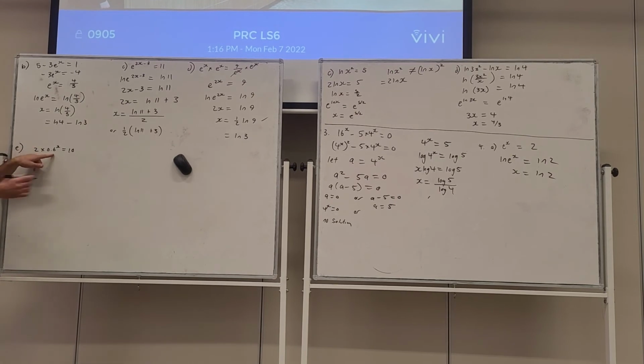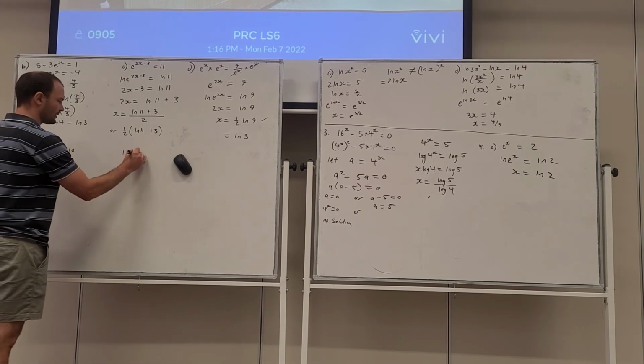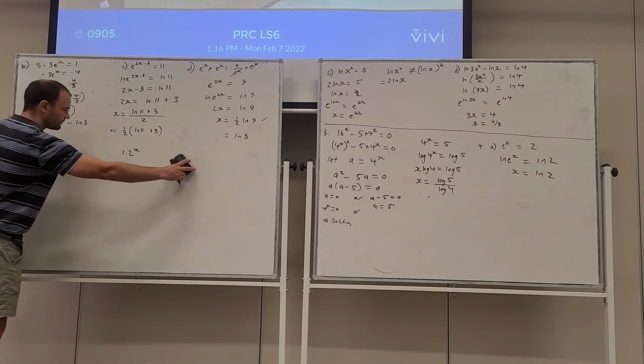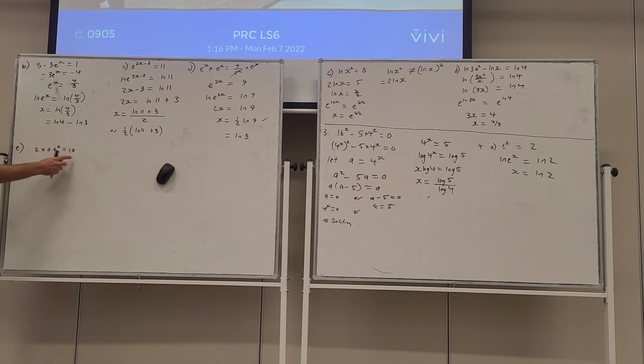Okay? And now, one more thing that goes without saying. 2 times 0.6 to the power of x is not 1.2 to the power of x. Okay? That's bad maths. First you have to do exponents. Alright? So we can't perform that. We're going to divide both sides by 2. We'll have 0.6 to the x equals 5.